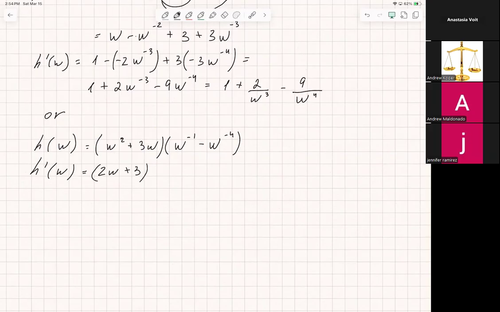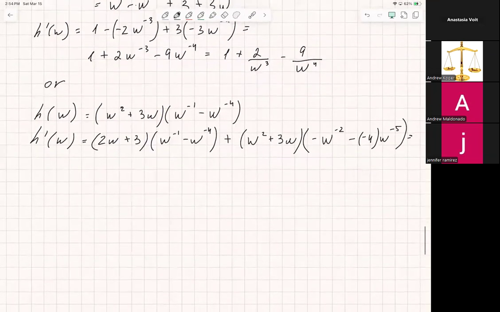That's the derivative of the first one, and the second we just rewrite as it is. Now plus, we rewrite the first one without changes and take the derivative of the second factor. So w squared plus 3w. Now here we have -1 w to the -2nd power minus -4 w to the -5th power, right? So let's simplify it.